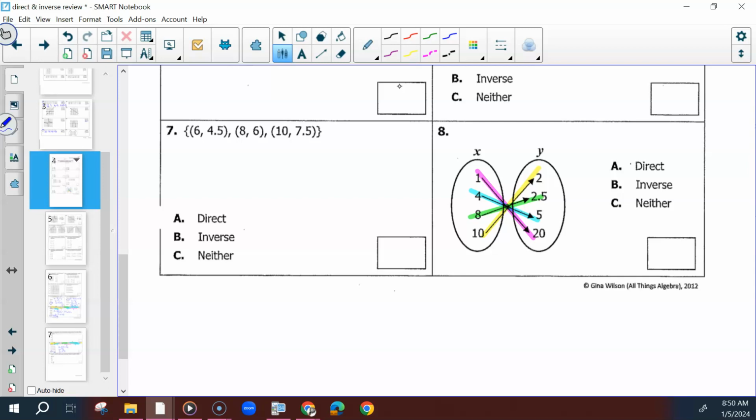Okay, so let's multiply. 1 times 20 is 20. 4 times 5 is also 20. 8 times 2.5 is also 20. And 10 times 2 is also 20. So it is inverse.